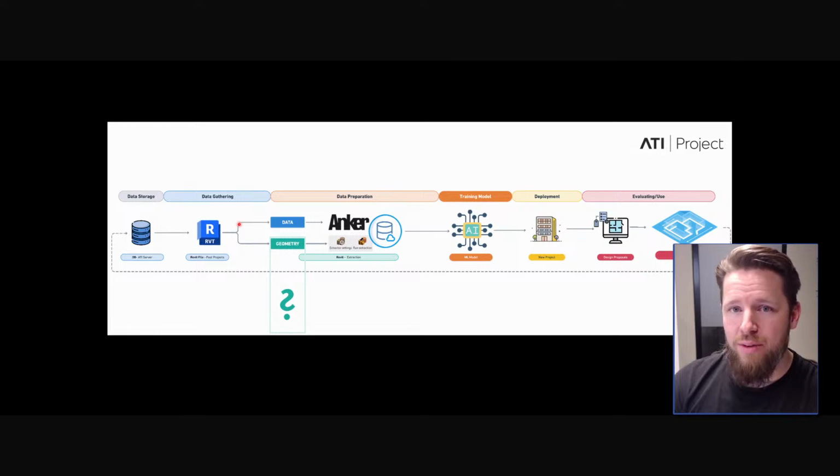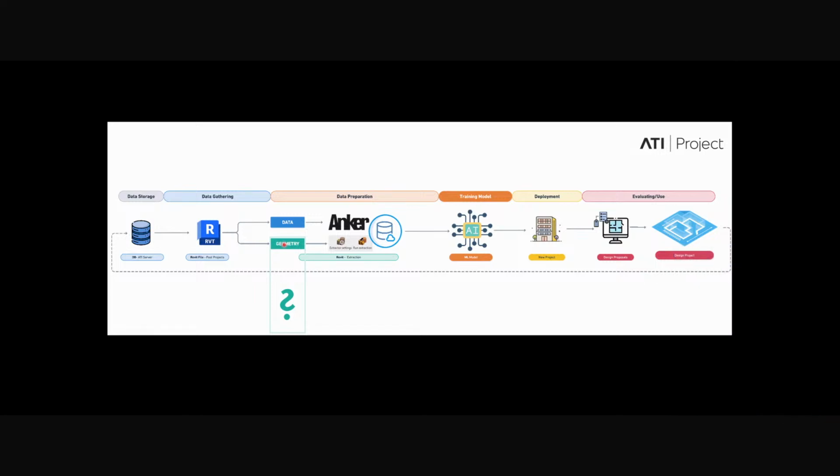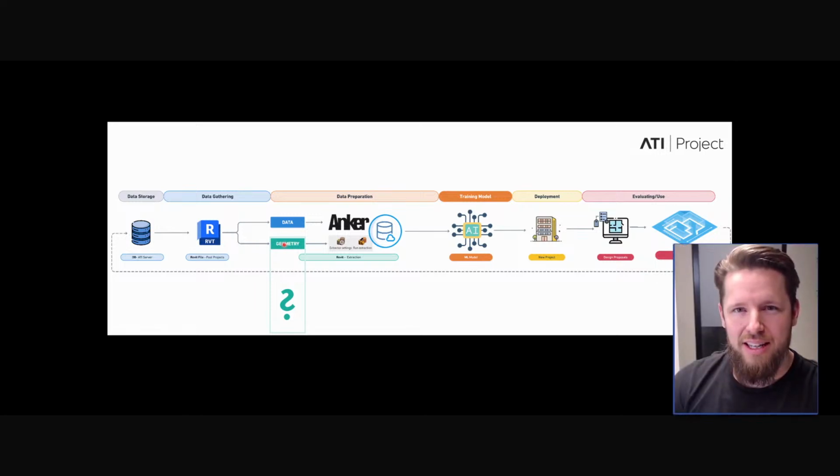But at that time, around 9 months ago, there was no geometry extraction available, and they tried some different extractors they found online. They tried something on the add-in store, but none of it served the purpose that they needed. So then they brought us in because that's our superpower at Reope, coding for geometry.